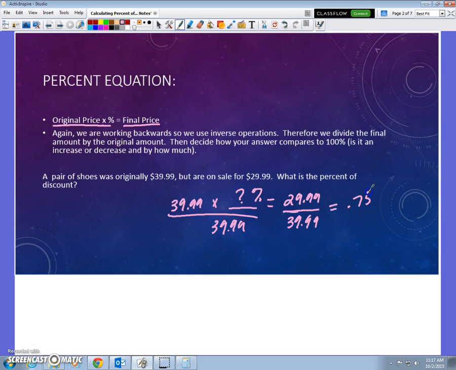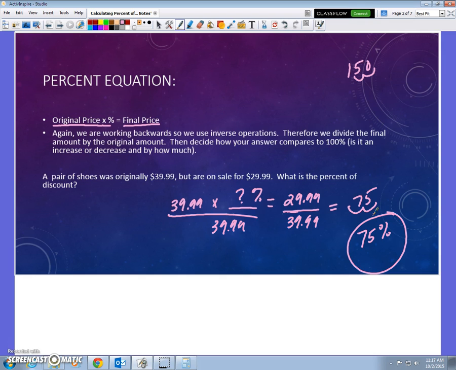Now, that's not 0.75%. Do you remember when we started with percent, we said that 150% as a decimal is 1.5? So it's kind of the same way, but we're working backwards. Instead of 0.75%, we're going to say it is 75%. So $29.99 is 75% of $39.99, but it doesn't ask what percent $29.99 is of $39.99.